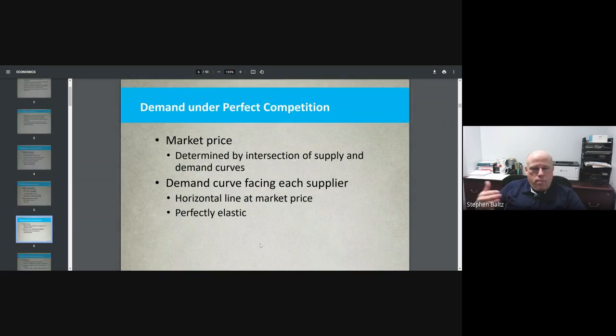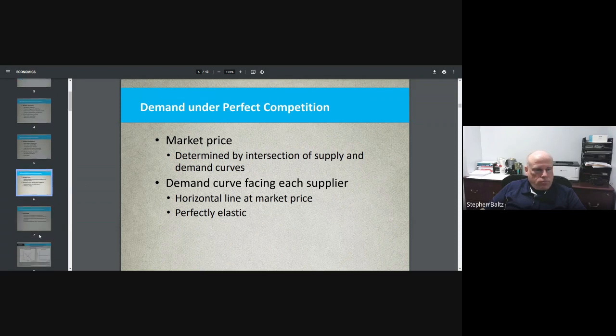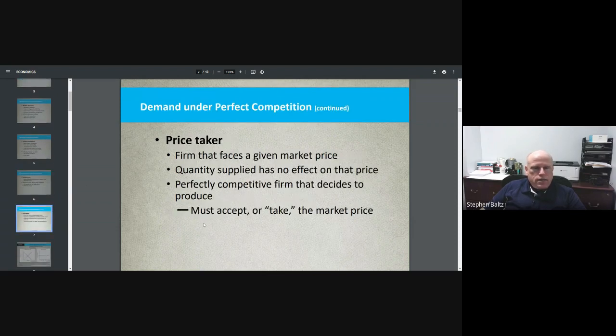And of course, demand under perfect competition: the market price is determined by the intersection of the market supply and demand curves. And so the demand curve facing each supplier is a horizontal line at the market price. And remember from earlier chapters, a horizontal demand curve is basically a perfectly elastic demand curve. All right.